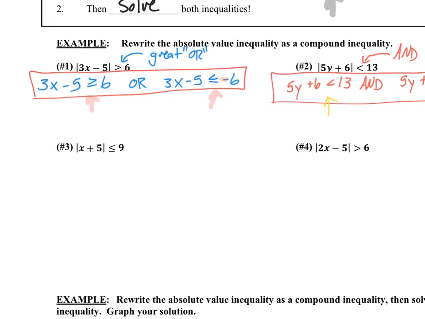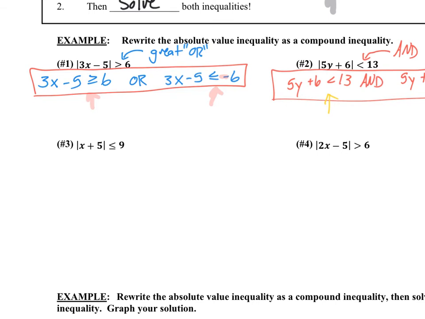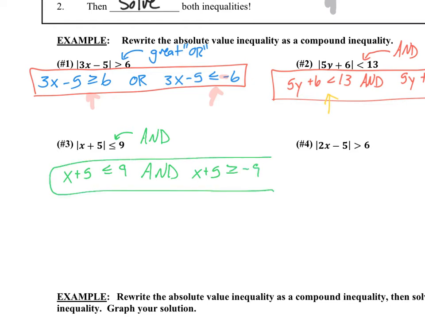Okay, and then we'll do 3 and 4 quickly. They're the same problem. So again, we have a less than or equal to sign. Absolute value is less than or equal to 9. This is an and. So x plus 5 is less than or equal to 9, and x plus 5 is greater than or equal to negative 9. So again, we flip the symbol.